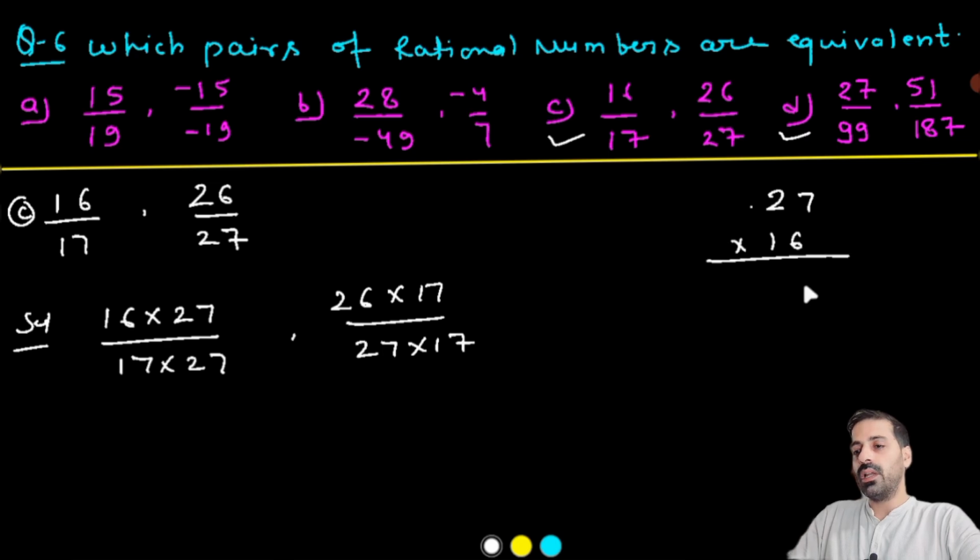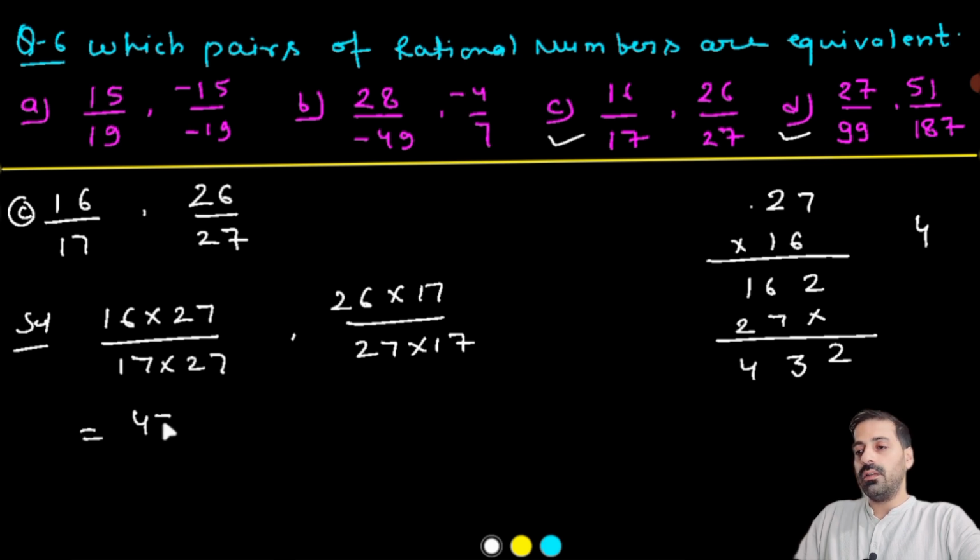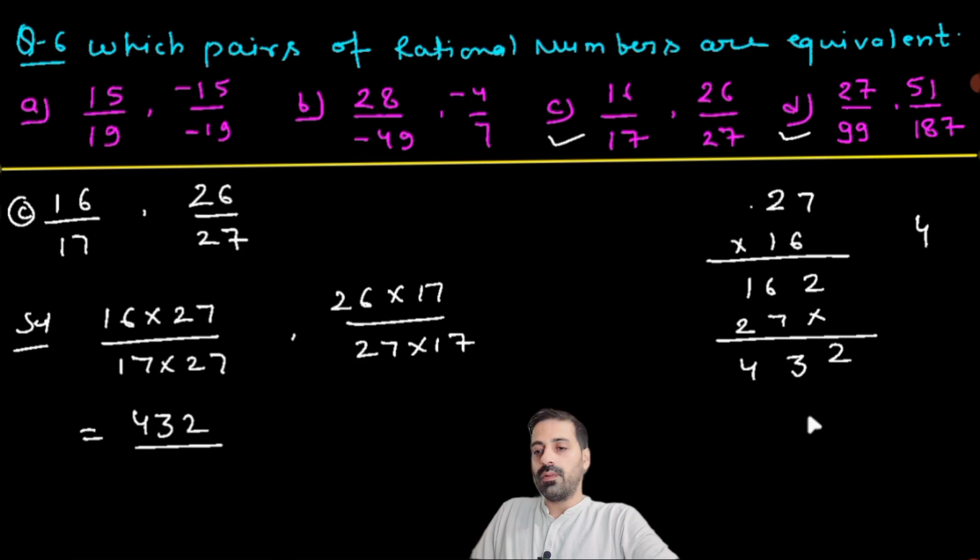So do the multiplication first. 27 into 16. 6 7s are 42. 4 is carried forward. 6 2s are 12 and 4 is 16. 7 and 2. So we have 2, 13 and 4. So after multiplying we have 432.